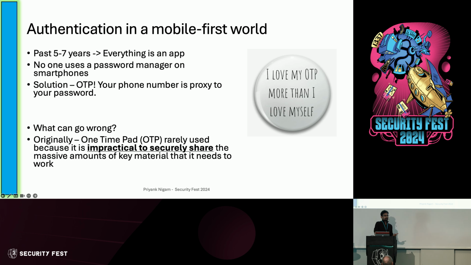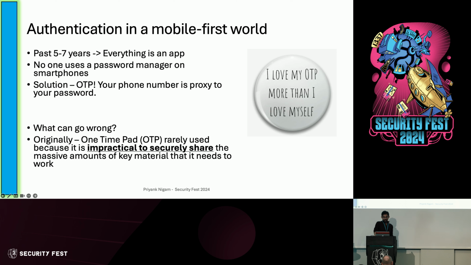And because now everything is an app, even apps which don't really do anything, the solution was one-time password. Your phone number is a proxy to your password, right? So what can go wrong here?